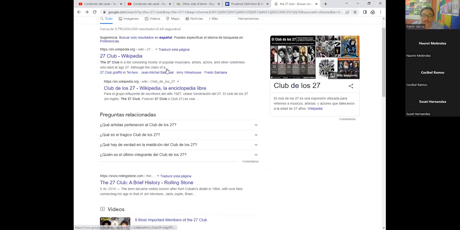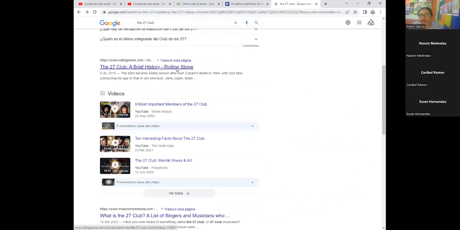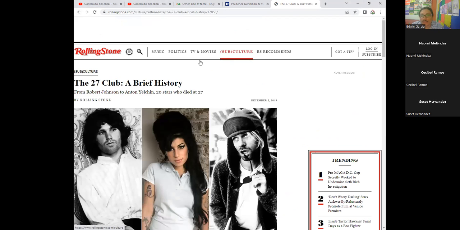And we can go, for example, to another source about the 27 Club, as it's called in English. And we can take a look at this other information from Rolling Stone. It's a magazine, and we have this article.